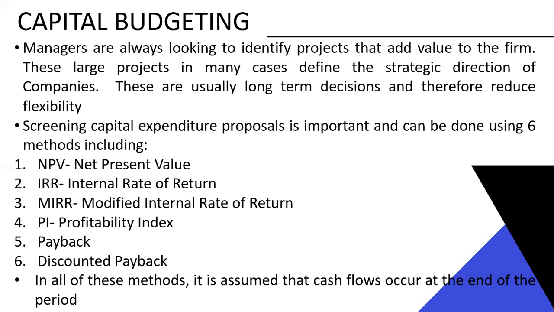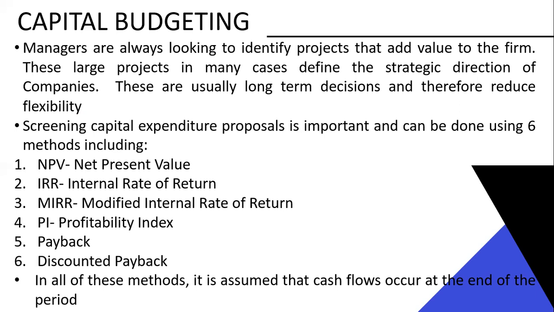How companies evaluate projects is done in 6 different ways that we will be discussing in today's lecture. This is something that corporate finance departments focus on in companies. And what are those 6 different methods? Well, there's the net present value method and the internal rate of return.